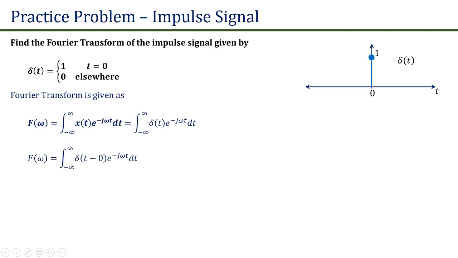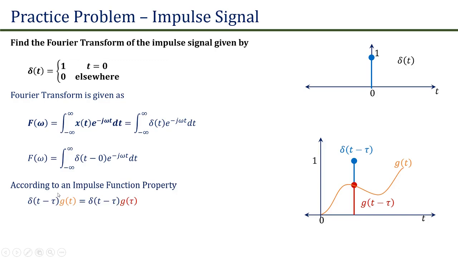Therefore, we consider an alternative approach where we delay the delta function by 0 time and consider an important property of an impulse function, according to which delta(t) delayed by tau time into g of t, which is an arbitrary function, is going to be equal to delta(t minus tau) into g of tau.